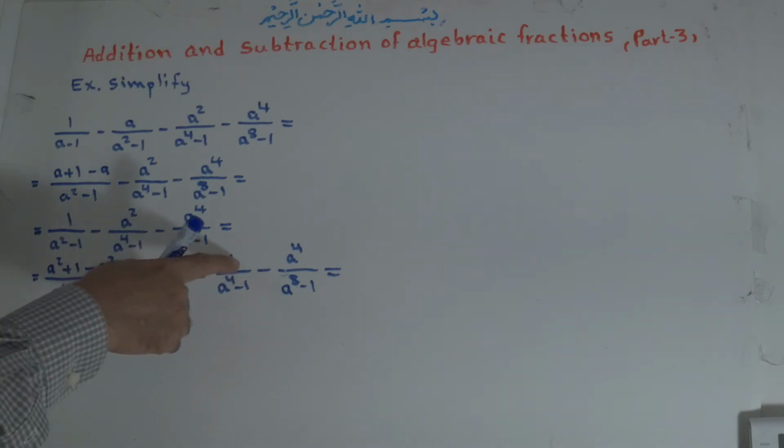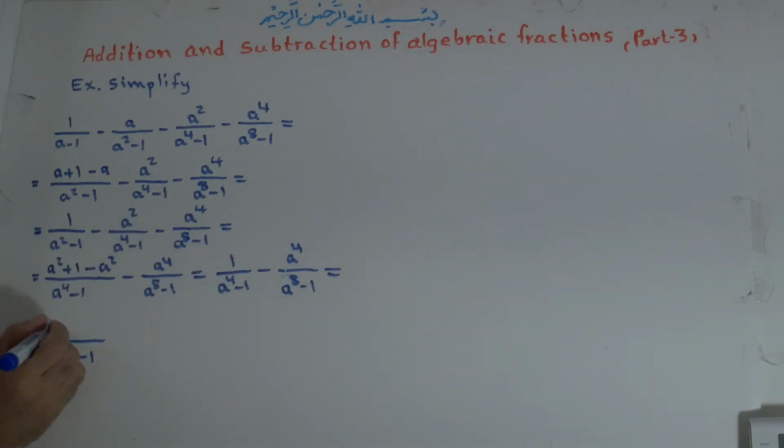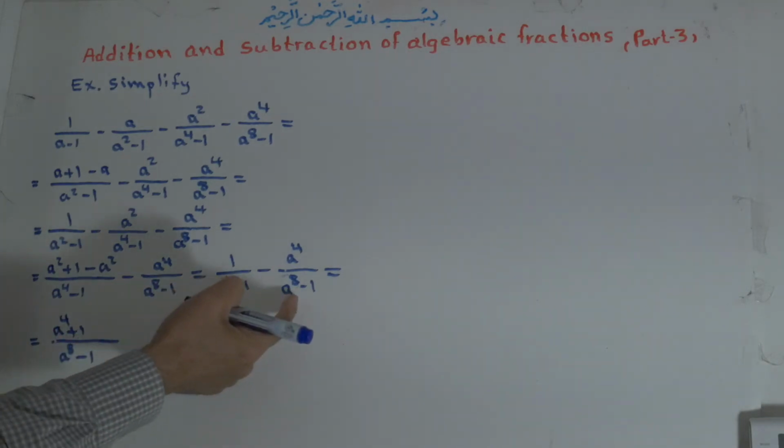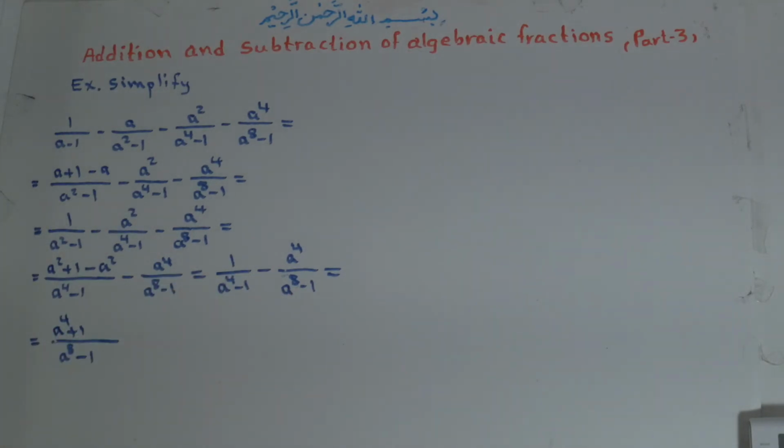A to the power of 4 plus 1 times 1 is equal to a to the power of 4 plus 1, and a to the power of 8 minus 1 divided by a to the power of 8 minus 1 is 1. 1 times minus a to the power of 4 is minus a to the power of 4, and the positive a to the power of 4 will cancel with the negative a to the power of 4.